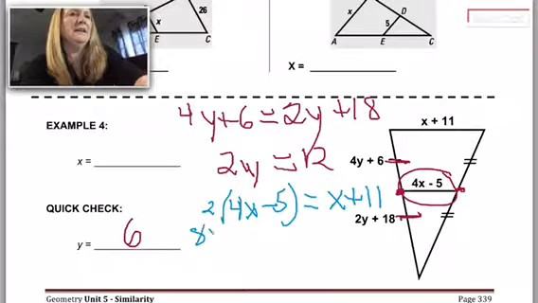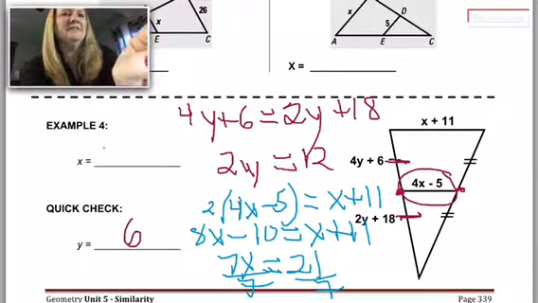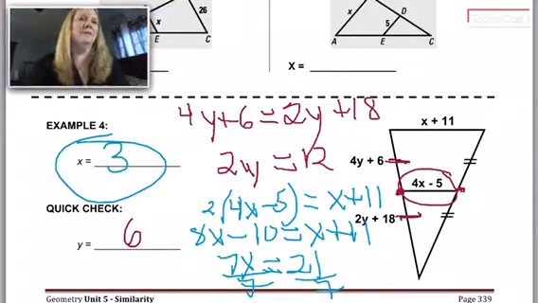So 8x minus 10 is x plus 11. If I subtract x from both sides, I get 7x. If I add 10, I get 21. So divide by 7, and x is 3.